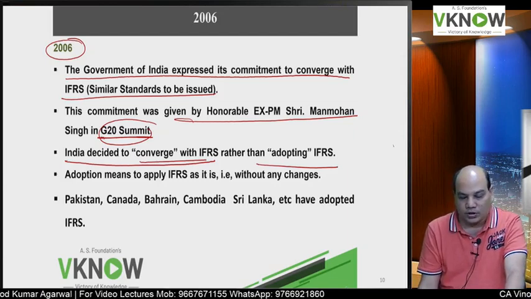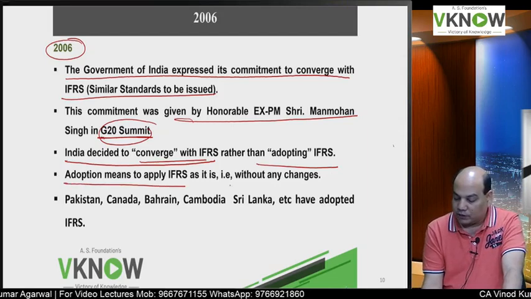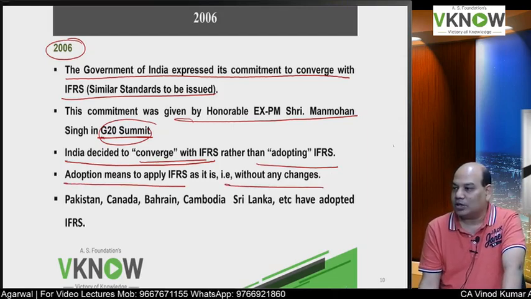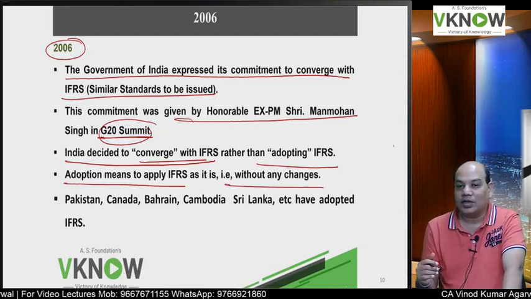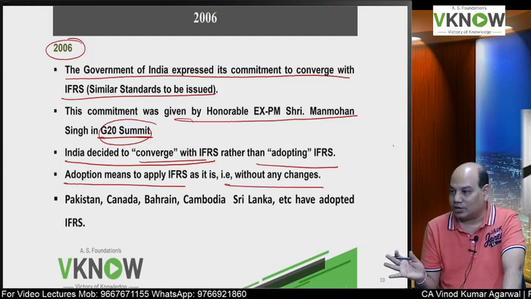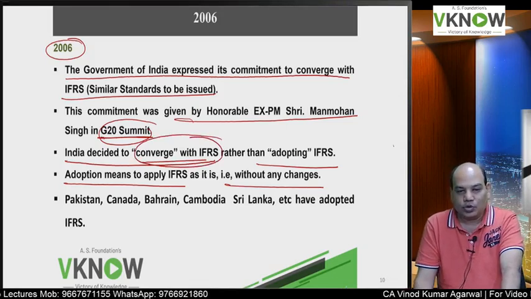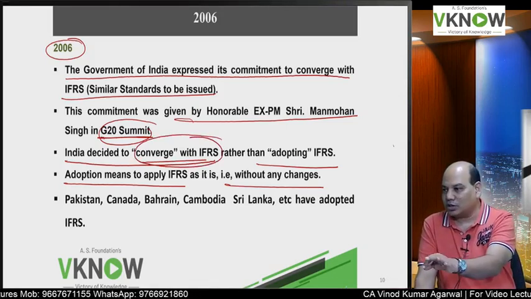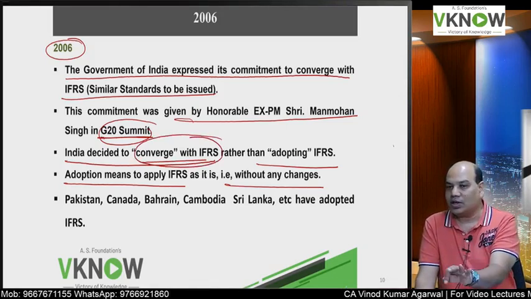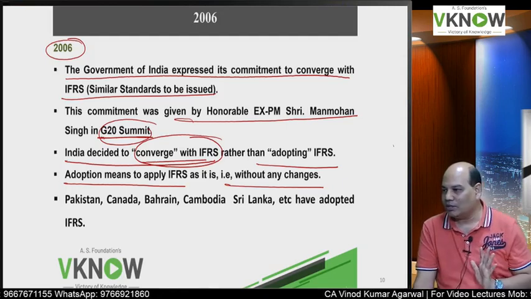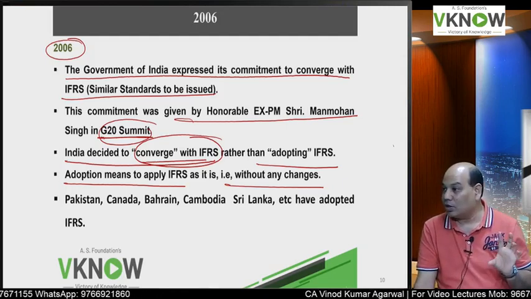What is the difference? In case you adopt IFRS, it means you will simply take the entire IFRS as it is without any changes. But if you converge with IFRS, you are going to make some modification to suit the Indian business, economic and legal environment also.